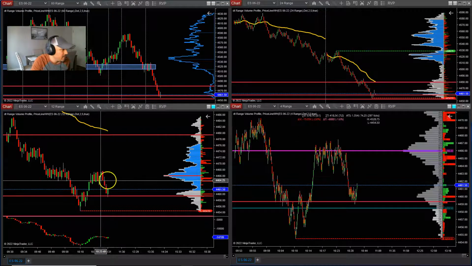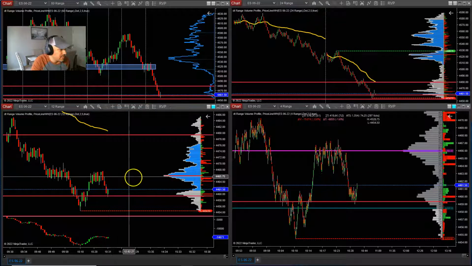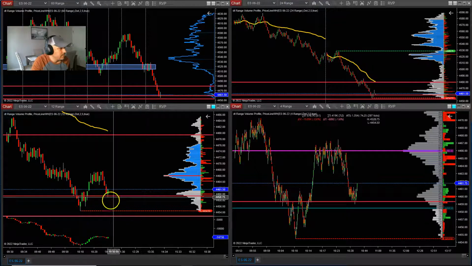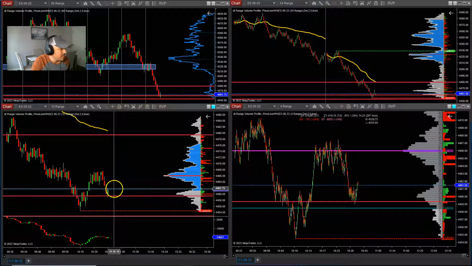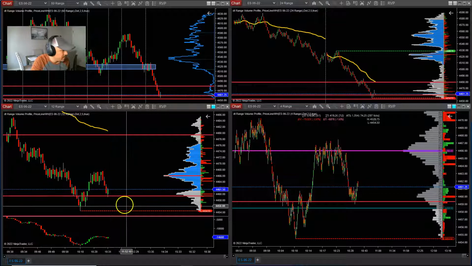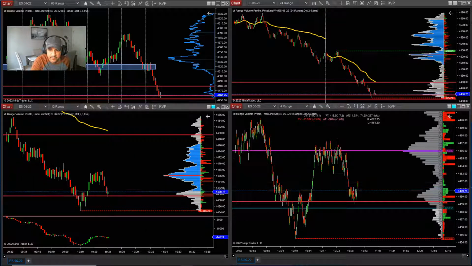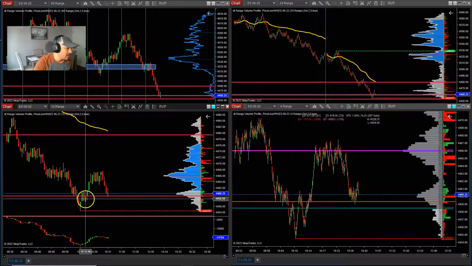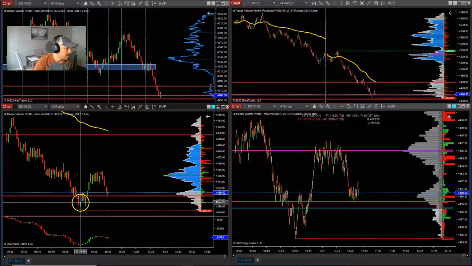Okay, we got filled. Market will probably come up to this area up here, maybe back to this high volume node. Just scalping. 35 ticks right now. All right. Probably the candle closes here. It'll probably come back up to here. Let's see. But yeah, that's why I like trading this area down here.